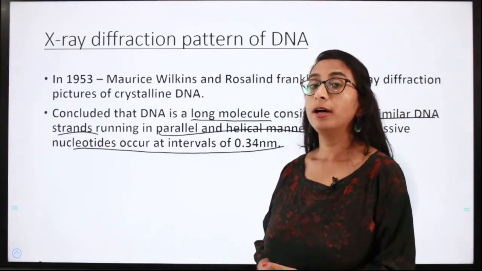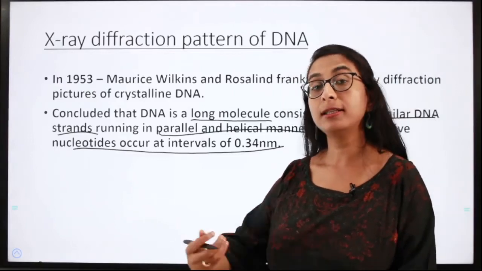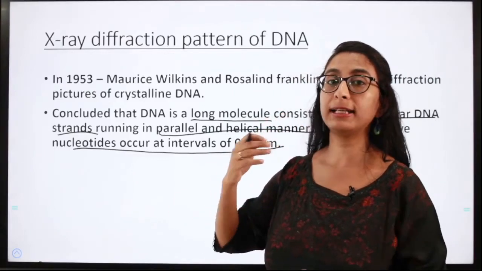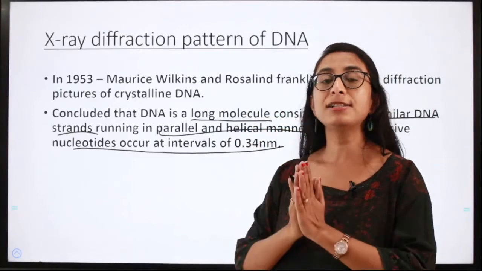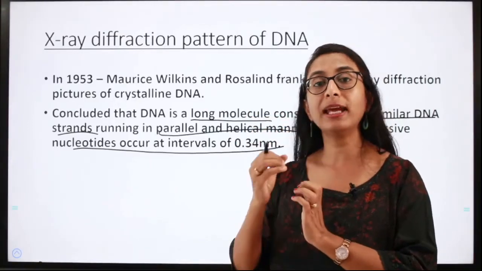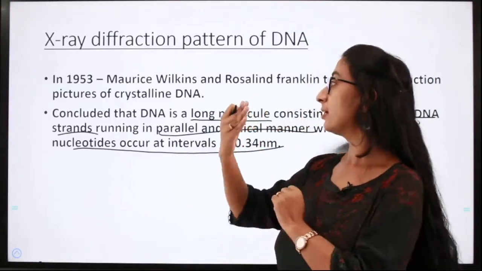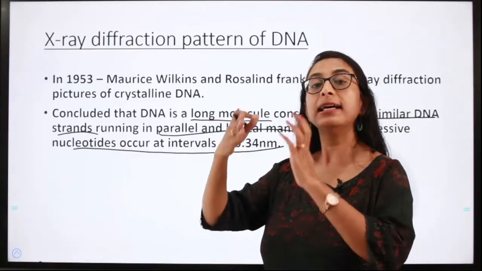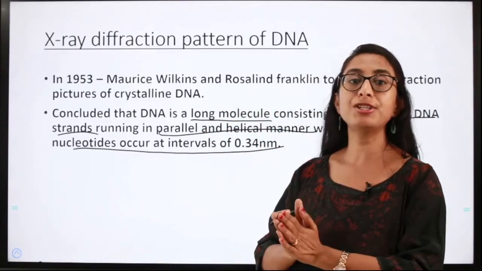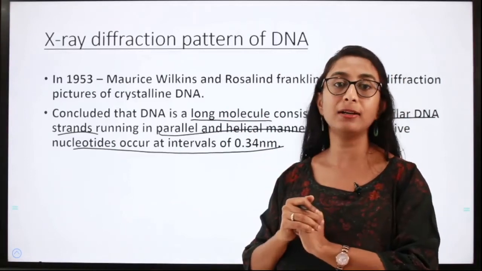So now you might even get a question, is it only Watson and Crick who observed the double helical structure, or whether anybody else prior to them said that DNA has two polynucleotide chains which are running in anti-parallel direction?